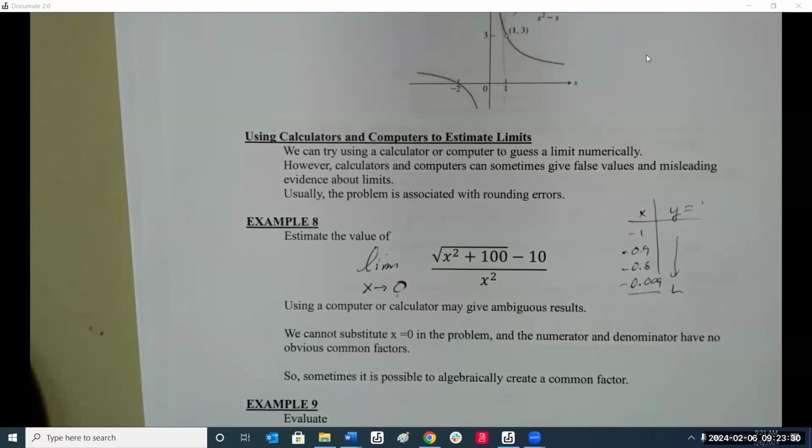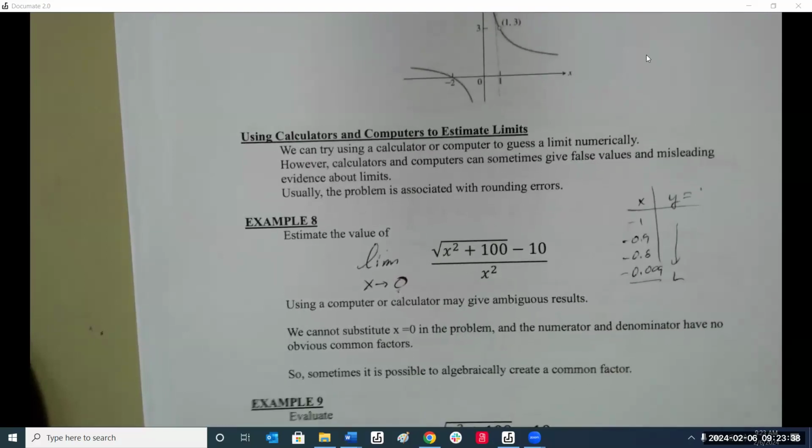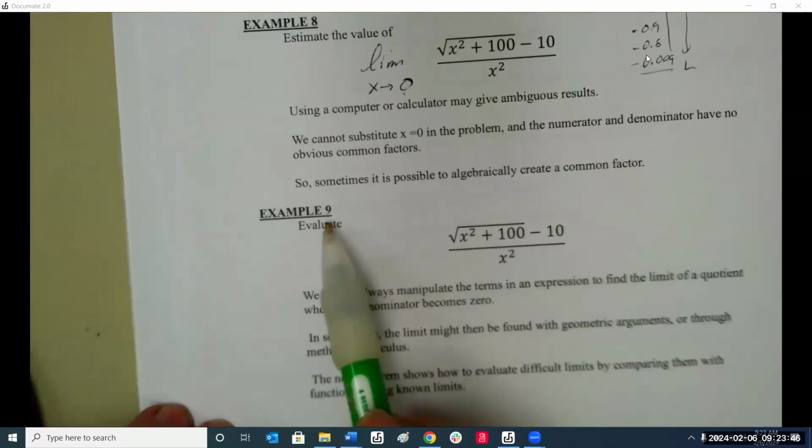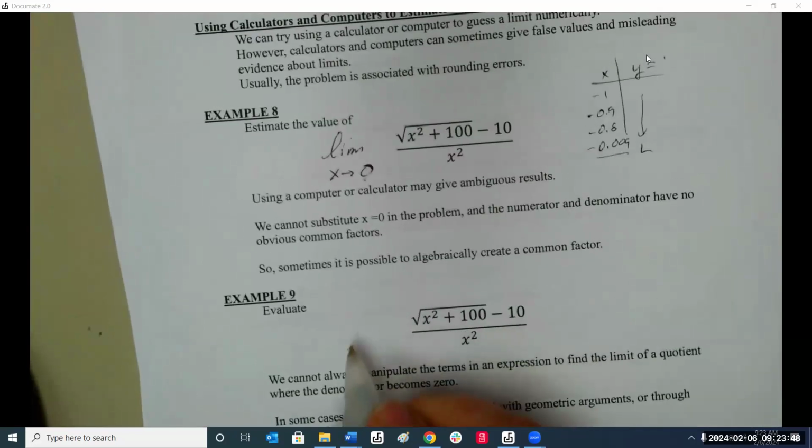But that's using calculators. Do we use calculators all the time? I don't. But you're more than welcome to use a graphing calculator. But let's look at how we solve this one if we didn't use calculators. Actually, if you notice, this is the same one here.